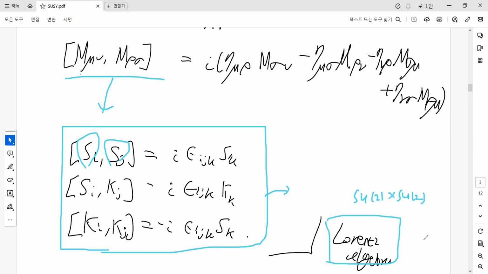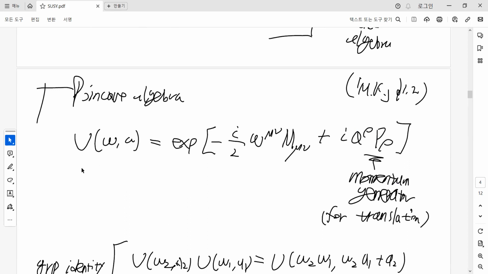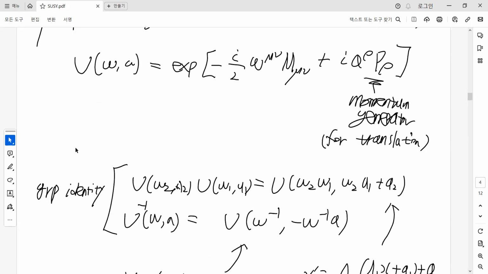So if we add the momentum generators, which represent the translations in the Poincare algebra, we can just add the momentum generators in the transformation. This momentum generator is the translation.